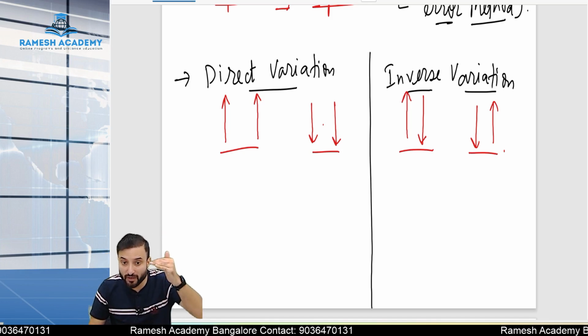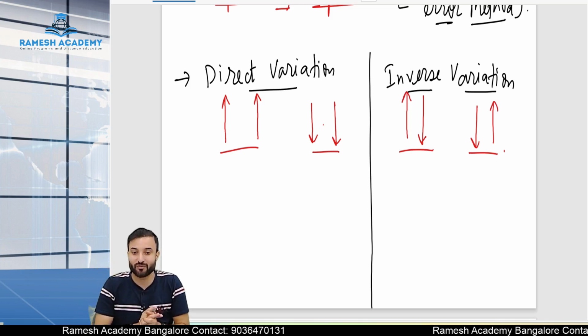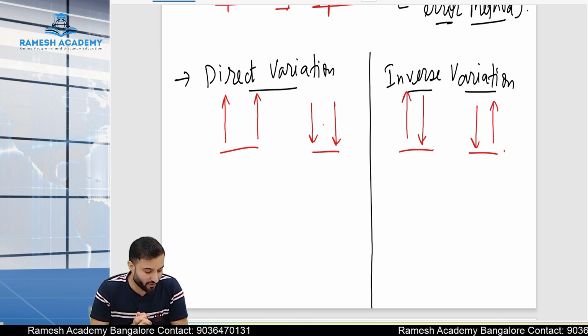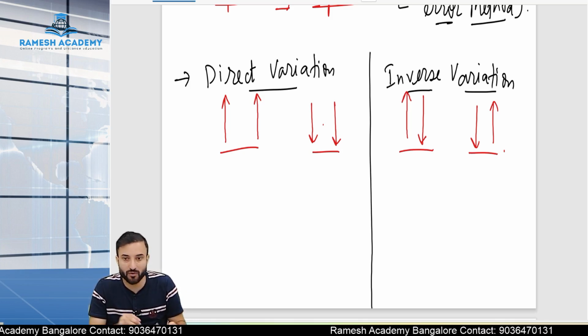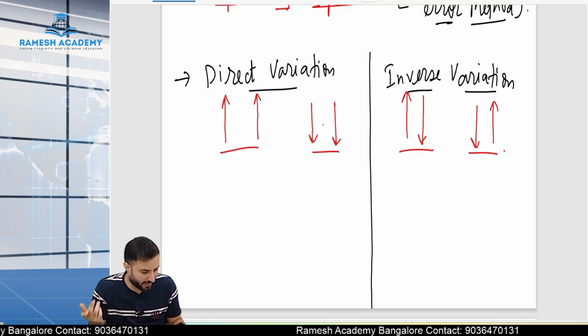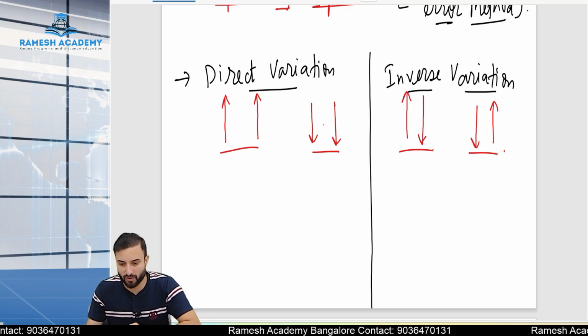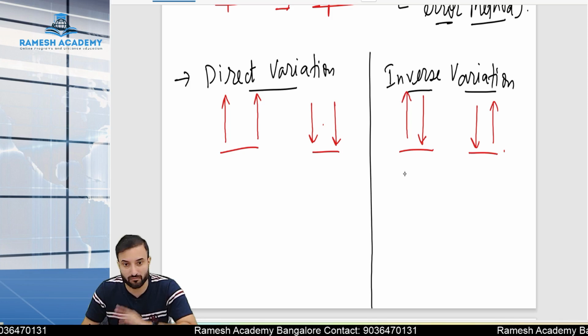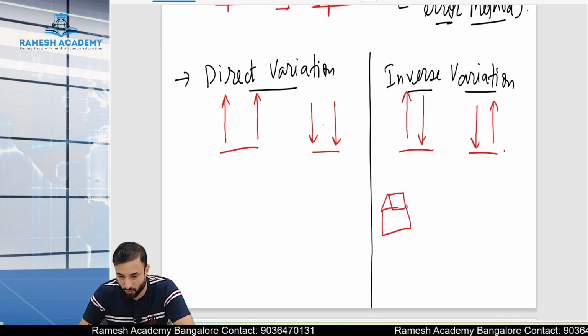If you are decreasing the price, obviously the demand will increase. So price and demand are inversely proportional, or indirect proportional. Inverse variation, inverse proportion, indirect variation, indirect proportion are all the same.